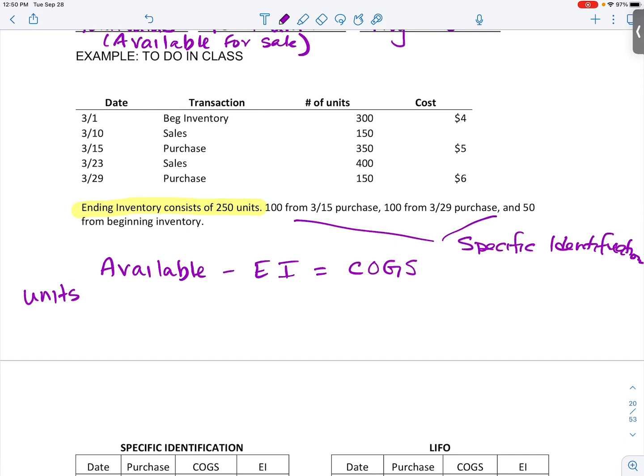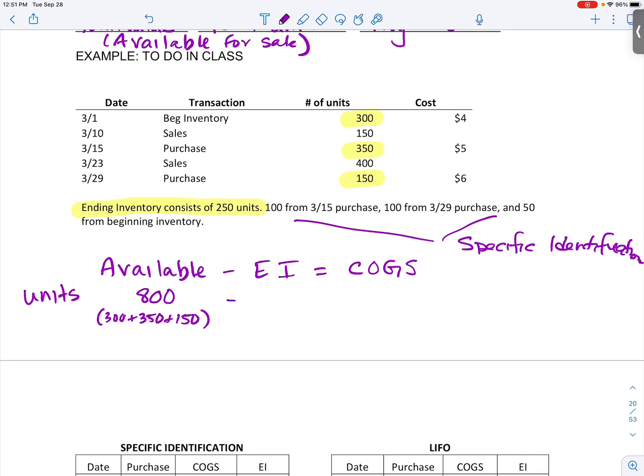So here, I'm going to look at what I have available for sale. Again, I have my beginning inventory and everything I purchased. That's my goods available for sale. If I add those three up, it should come to 800. That's the 300 plus the 350 plus the 150.